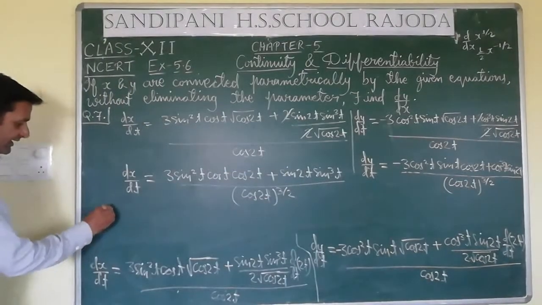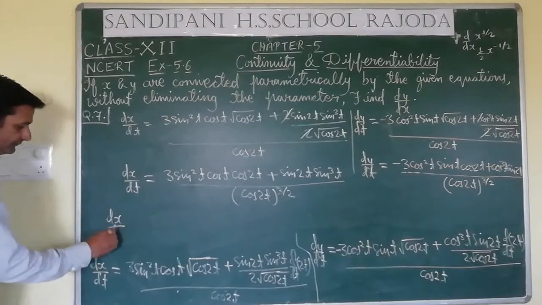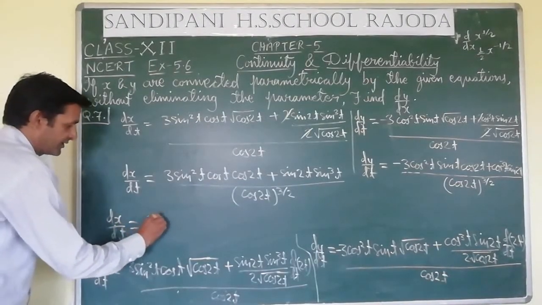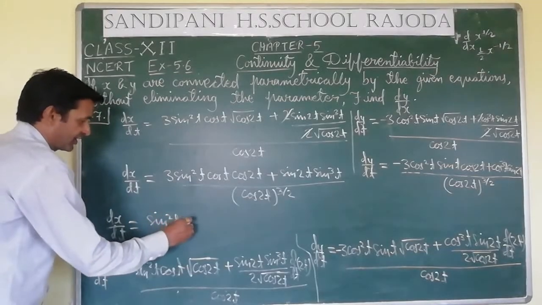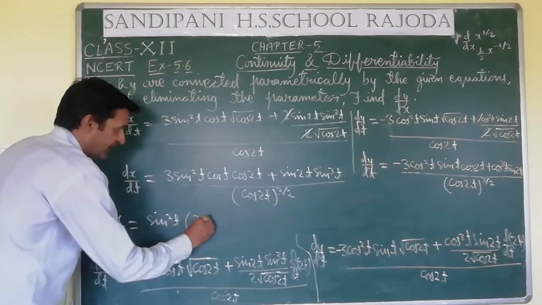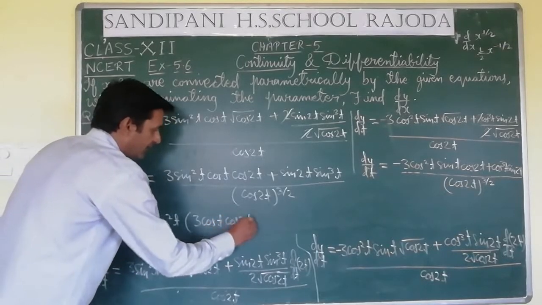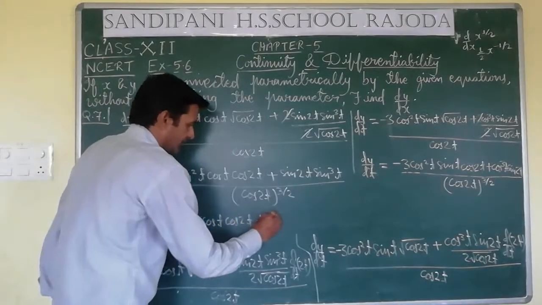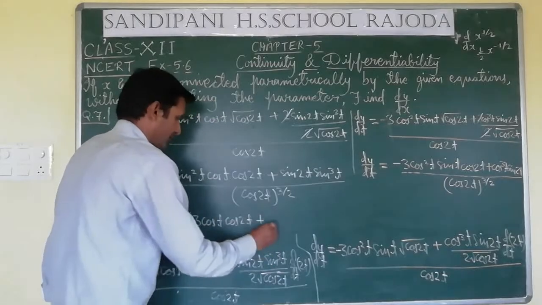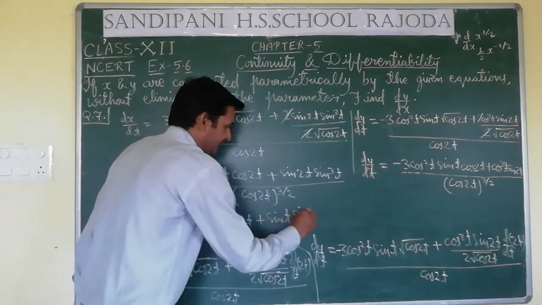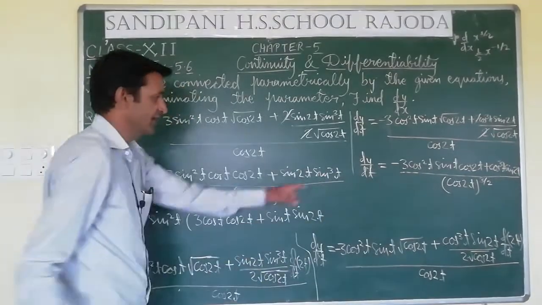So dx by dt is equal to sin square t taken common. So it will be 3 cos t cos 2t plus sin t sin 2t, because here it is cube t.